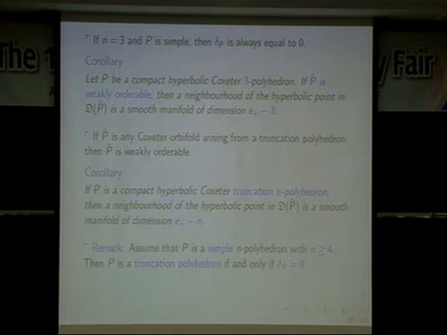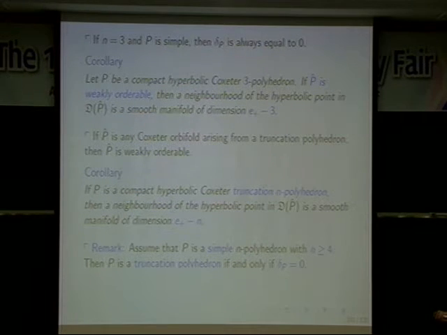So this means that if P is a compact hyperbolic Coxeter truncation n-polyhedron, then the local deformation space has dimension E plus minus n. The previous Marquis result is concentrated only on n equal to 3, but he has the shape of the whole deformation space.